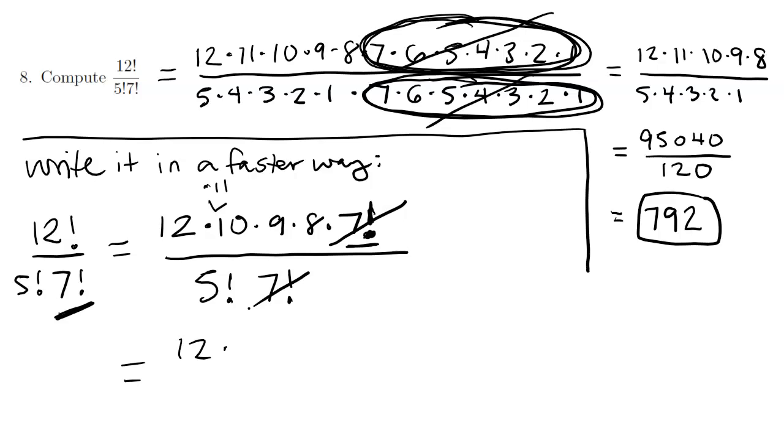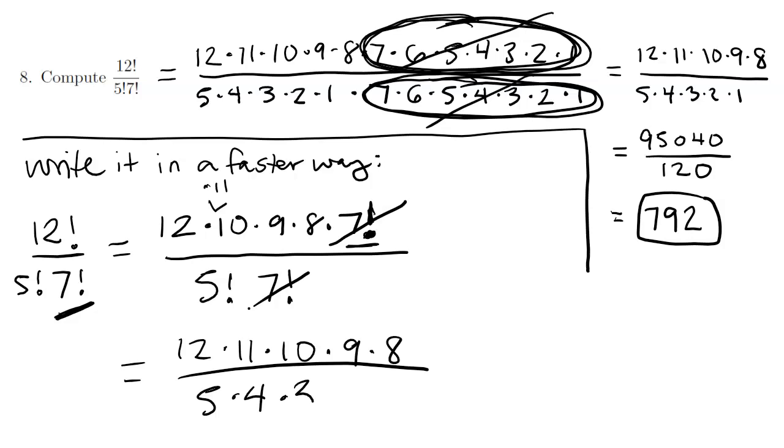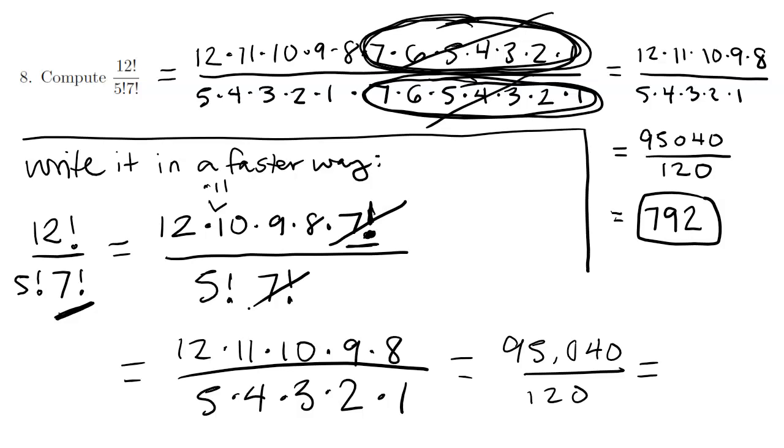That would make a big difference. 12 times 11 times 10 times 9 times 8, all over 5 times 4 times 3 times 2 times 1. Which is the same thing that we had over there. When we multiplied the 12, 11, 10, 9, and 8, we got 95,040. And when we multiplied the 5 times 4 times 3 times 2 times 1, we got 120. And then when we divided 95,040 by 120, we got 792.